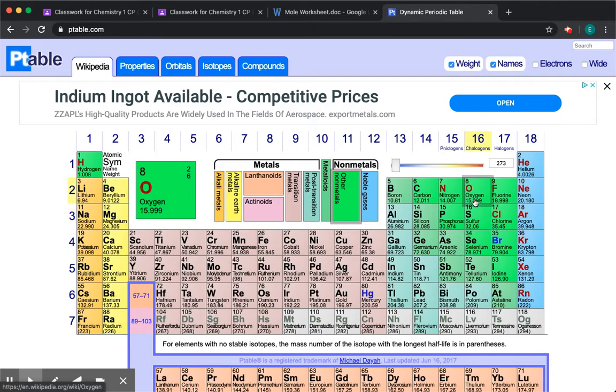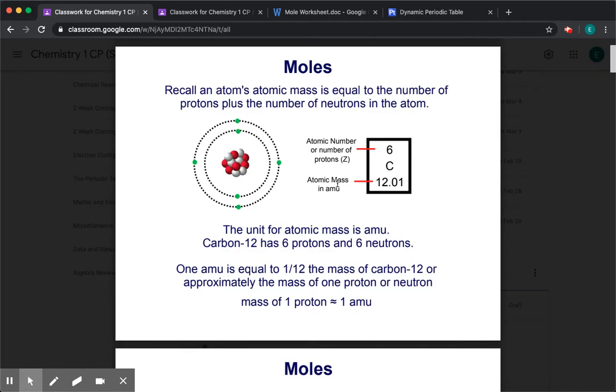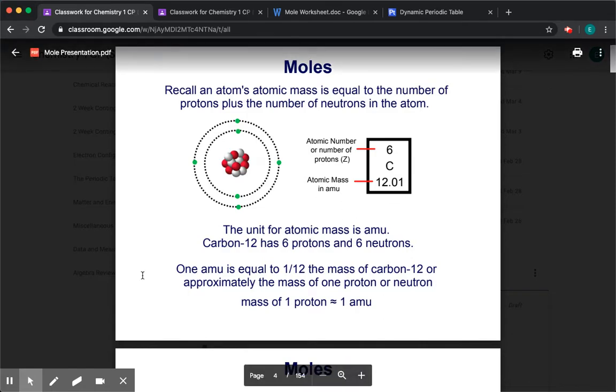So oxygen, you can round that to 16. One oxygen atom would be 16 AMU. One helium atom would be 4 AMU. One hydrogen atom would be 1 AMU. Okay, AMU just tells you that we're talking about the atomic scale. So one single atom is AMU. So if we have carbon, one carbon atom would be 12 AMU.